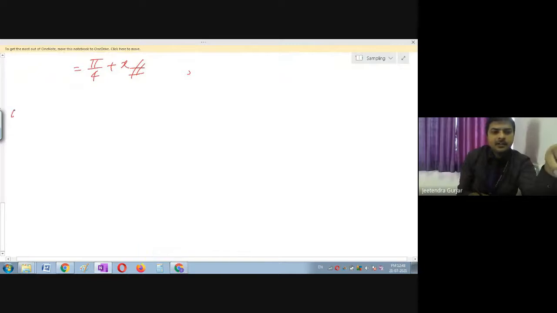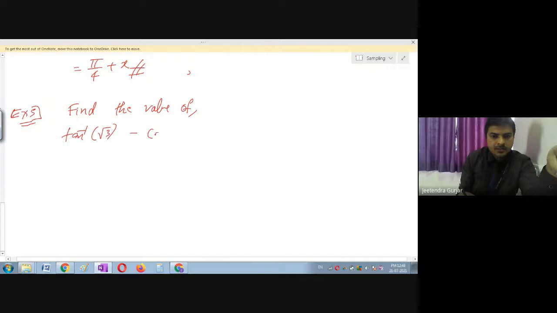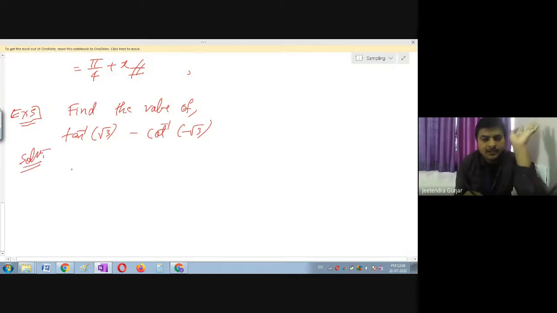I will take here example 5, and let us find the value of, yes students, please try this: tan inverse root 3 minus cot inverse of minus root 3. Okay, so let me see how many will simplify this problem. Just find the value they have given.